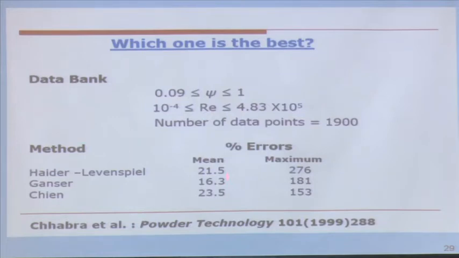Haider and Levenspiel mean error was 21.5, Ganser 16.3 and the other 23.5. Looking at the complexity of the system, a mean of around 20% is quite good.